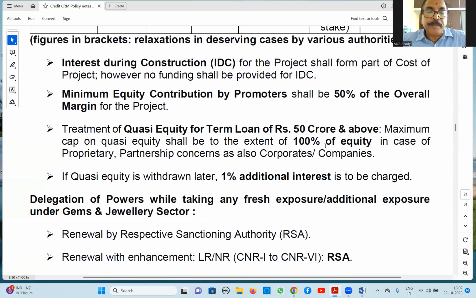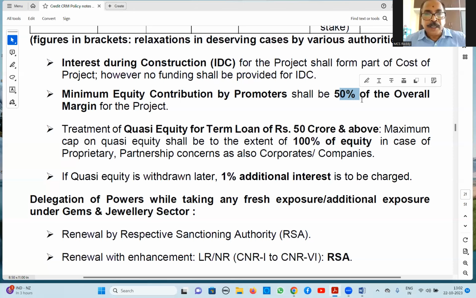Our equity should be minimum 50% and quasi-equity maximum 50%. That is why minimum equity contribution by promoter shall be 50% of overall margin. I told you 25 crores is total margin. In that, minimum 12.5 crores should be the party's own funds, remaining maximum 12.5 crores the party may bring as outside borrowings.